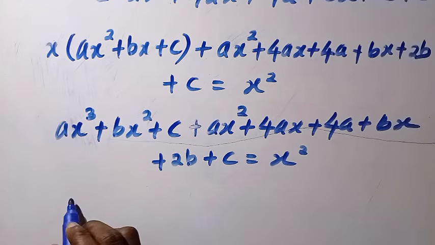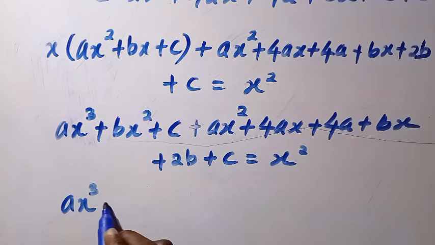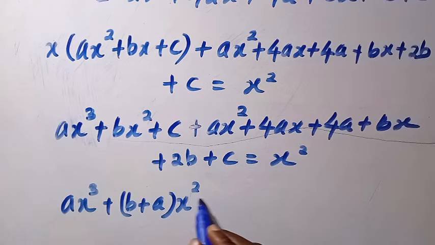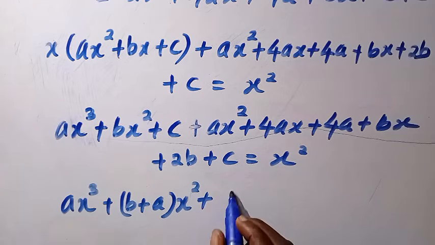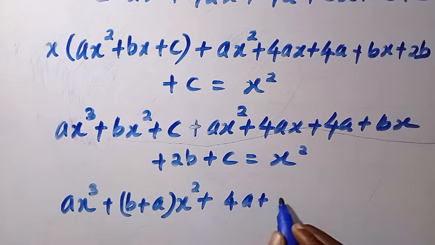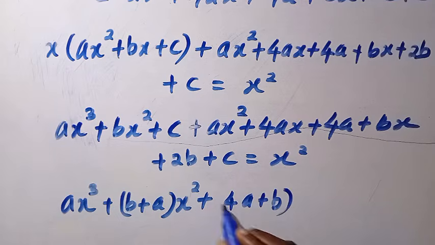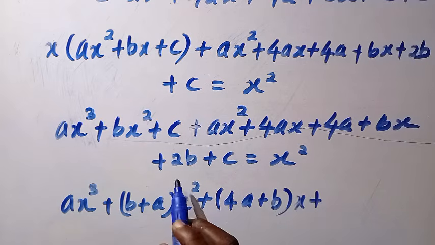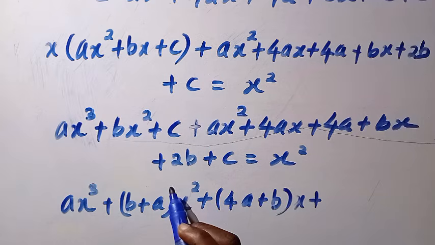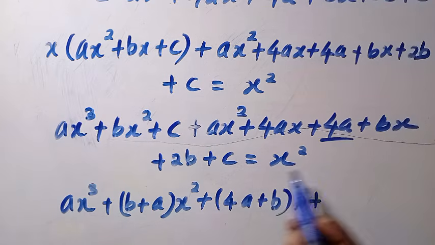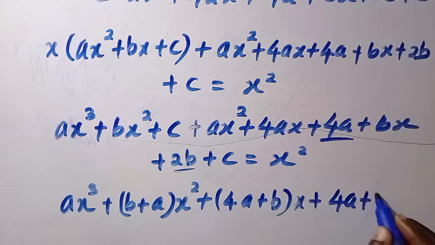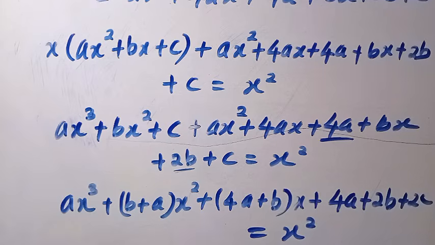By bringing this together, ax cubed stands alone, plus we have (a+b) with x squared, plus also those with x. We have (4a+b+c) multiplied by x, plus again we have 4a plus 2b plus c, and everything equals x squared.